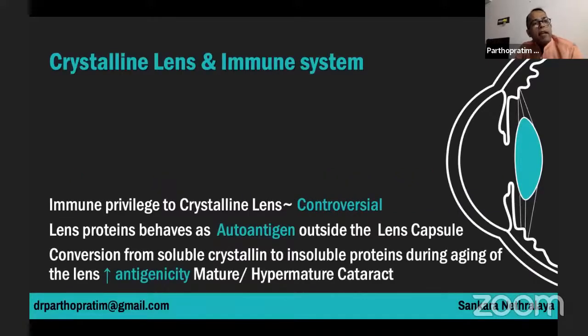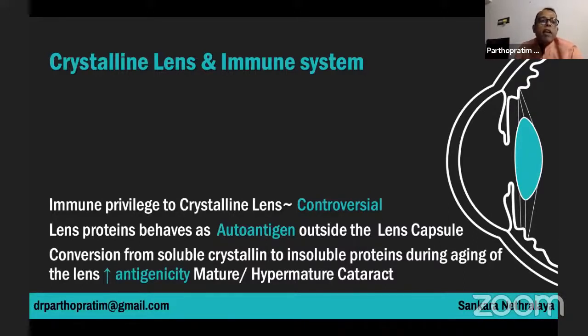Many believe that there is an immune privilege to the crystalline lens as it is isolated from the fetal circulation early in the embryonic life, lacks innervation and is avascular. Outside the lens capsule, the lens protein behaves as an autoantigen and can cause inflammation in the anterior chamber or inside the eye.